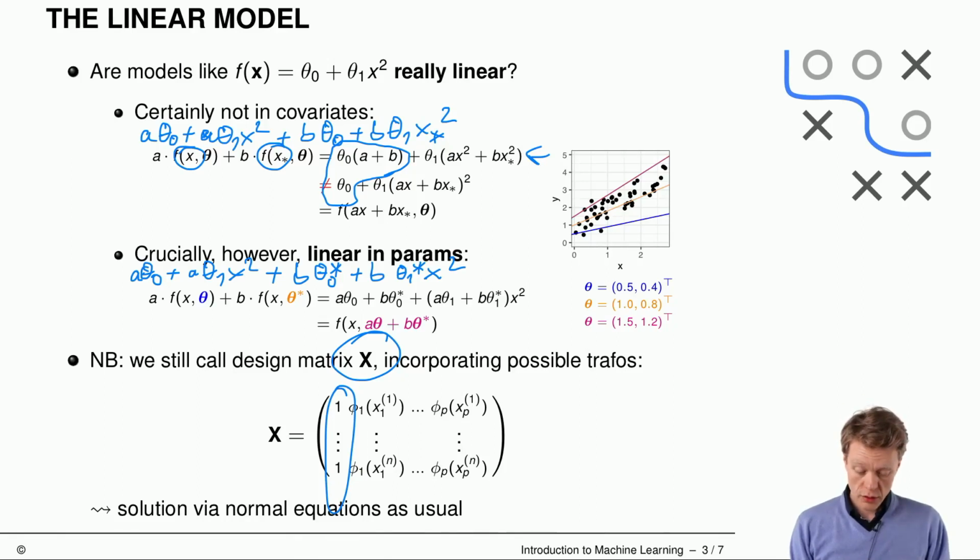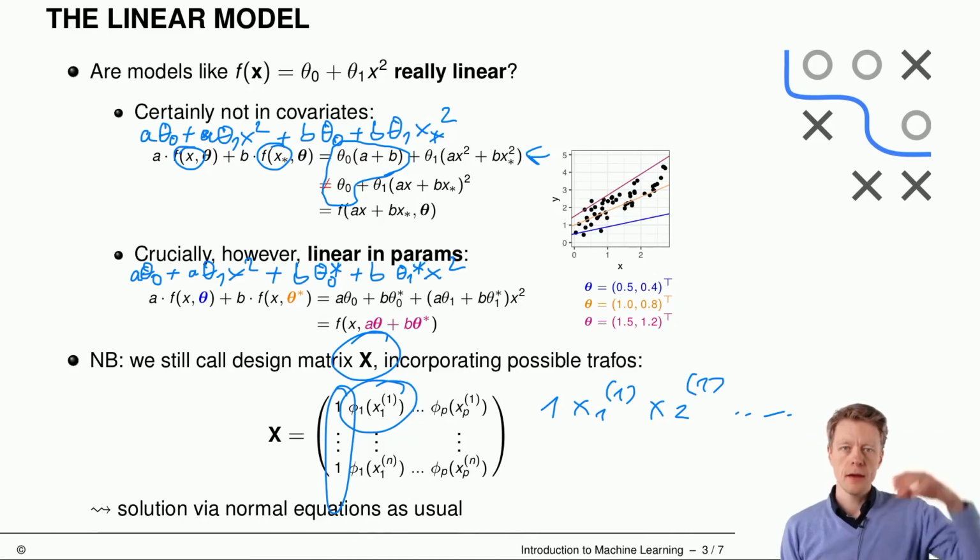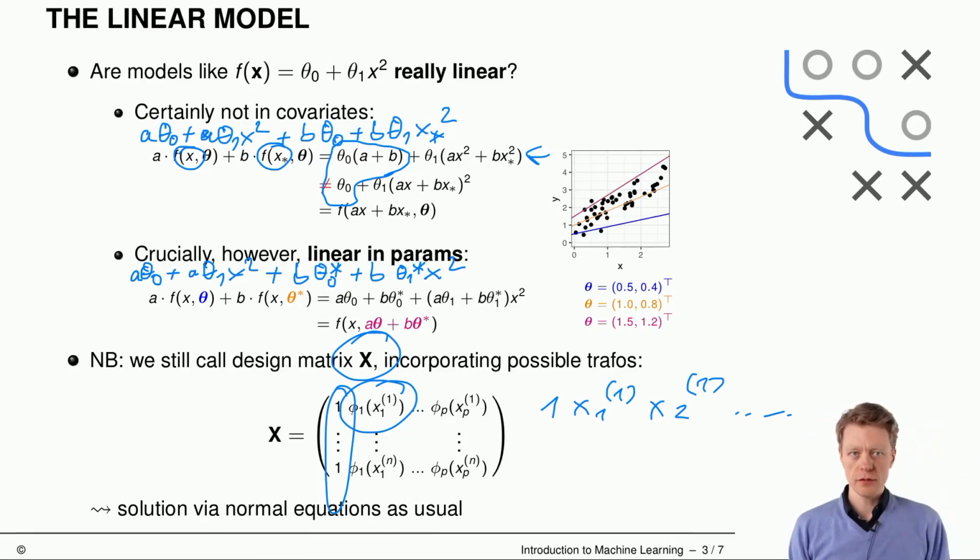So we no longer have here in the first row 1 and x, 1, 1, and x, 2, 1, and so on, but we have 1 and phi 1 of x1, 1, and phi 2 of x2, 1, and so on. Okay? And in the rows, there are still the observations. And then, since we have this design matrix, we can use normal equations as usual to solve this optimization problem or to estimate the parameters.